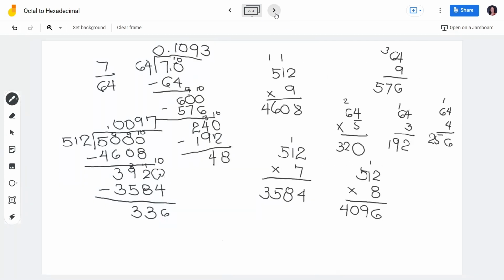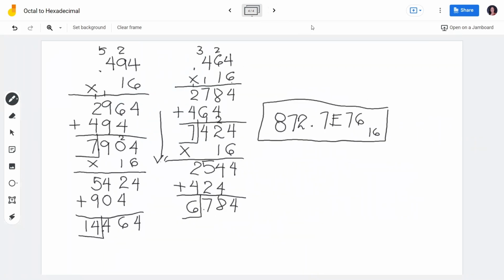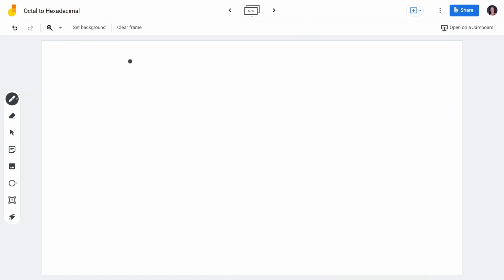But how about if we're going to use the binary, which is letter B, binary number system. So, for comparison, let's just use the same given number.